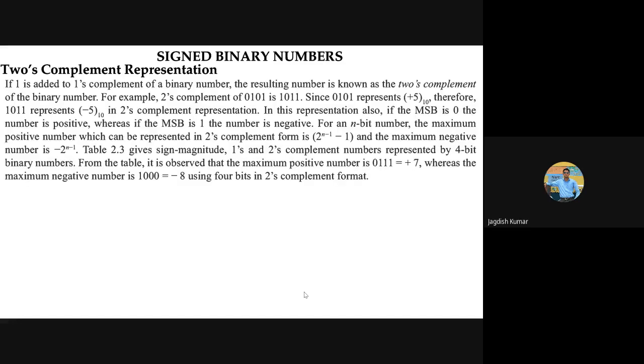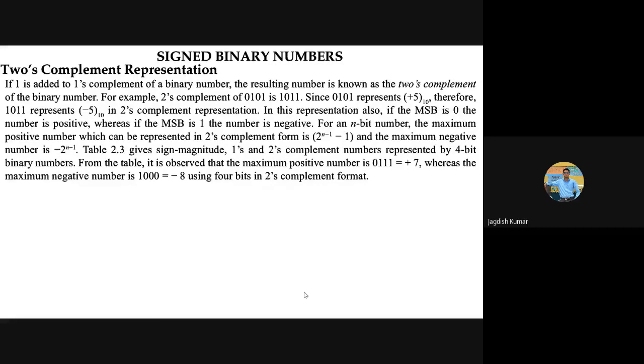The 2's complement of a number is just the number obtained by adding 1 to the 1's complement of the number. If you have to find the 2's complement of a binary number, you first find its 1's complement, then add 1 to it. That will give you the 2's complement of the number.